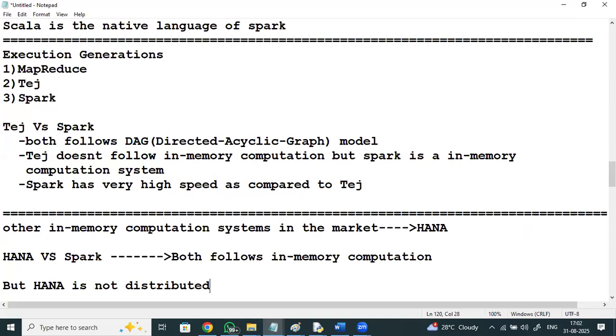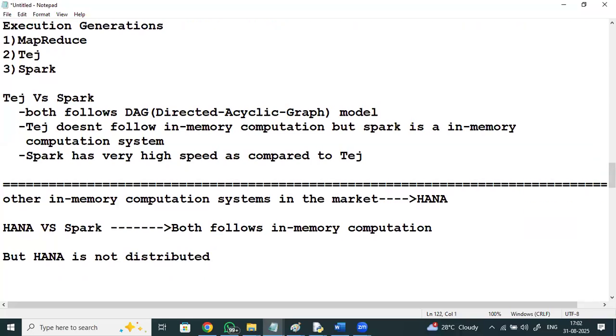HANA is not distributed, but Spark is distributed, with distributed RAM. So compared with Tez, both are DAG, but Tez doesn't follow in-memory. Spark follows in-memory. HANA is not distributed, Spark is distributed.